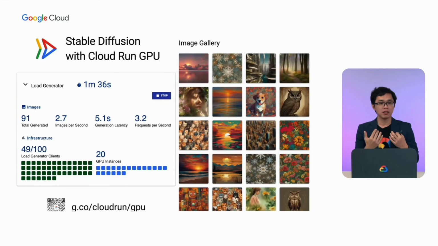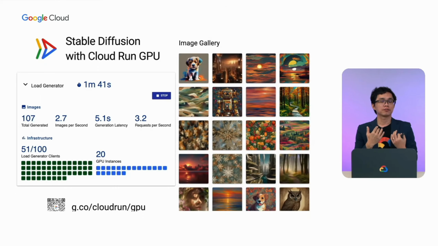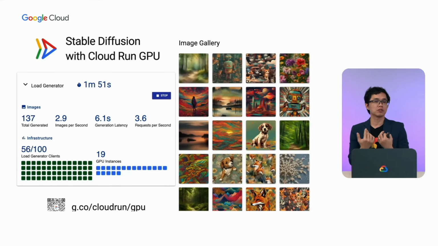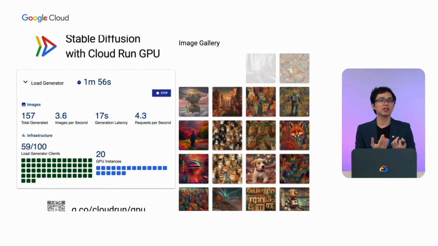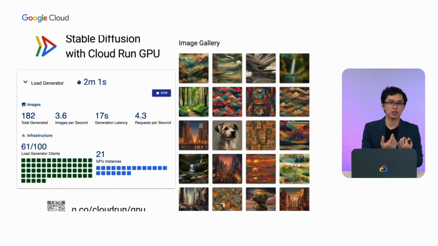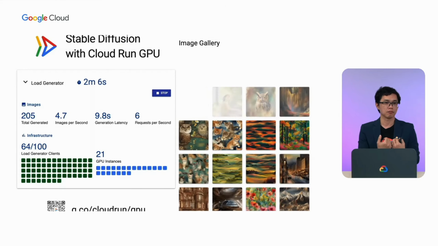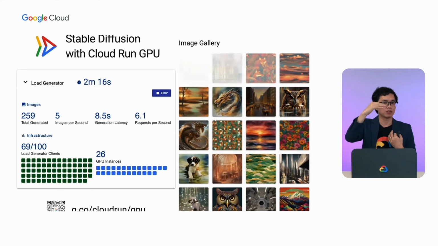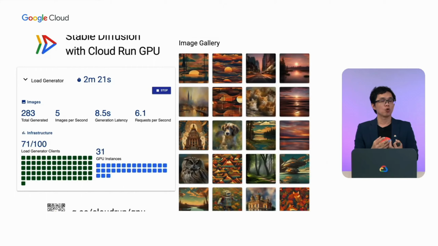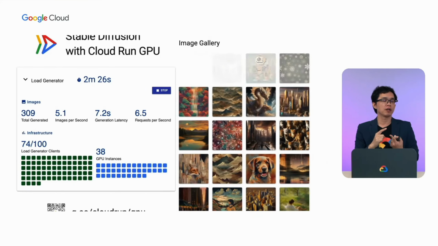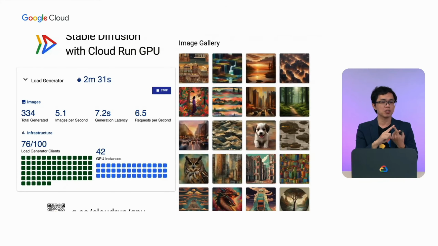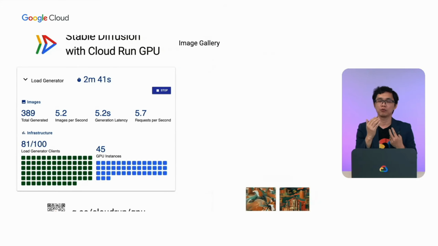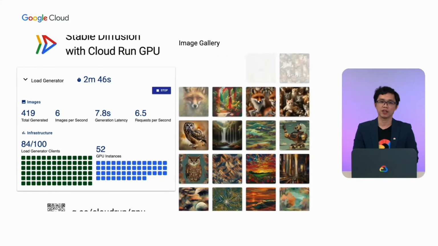as well as the latency for each image to be generated. As you can see, while the number of clients increases, the number of GPU instances increases, and we also increase the number of images that can be generated per second. At the same time, the generation latency also starts to go down. This means we are able to provide more resources to generate more images per second, but at the same time improve performance by reducing the latency to generate an image.